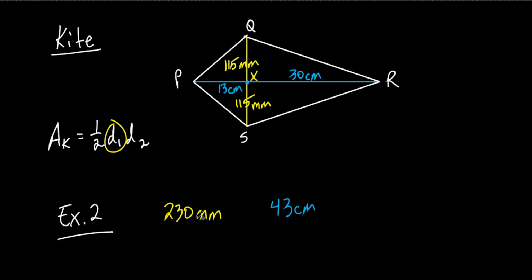Now, can I add up 230 millimeters plus 43 centimeters? No. I'm going to have to change one of them to the other. Like if I had 5 inches and 3 feet, that's not 8 anything. So which one do you want to change?